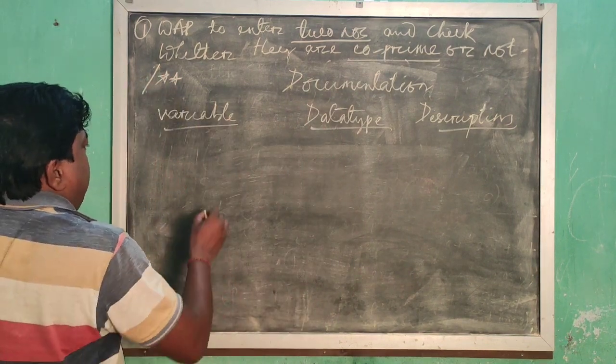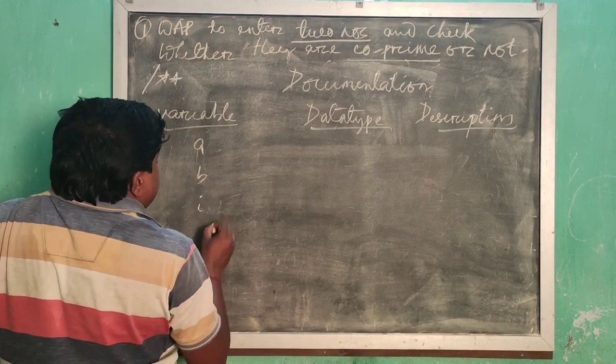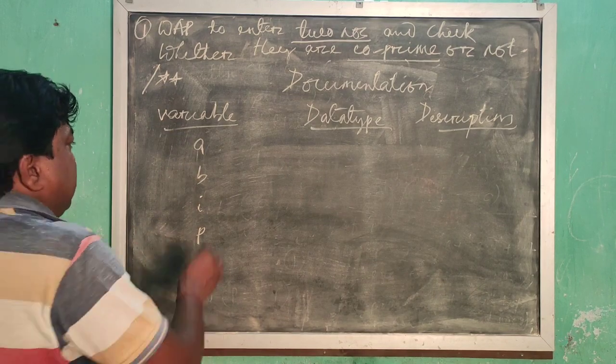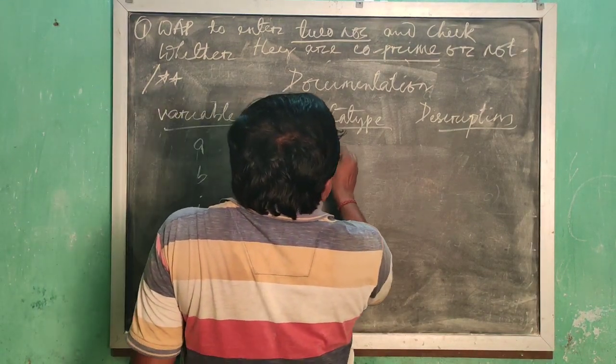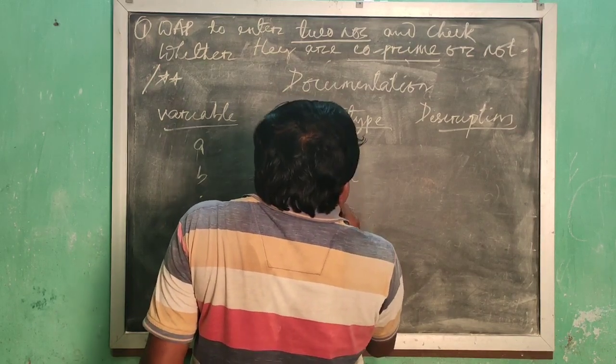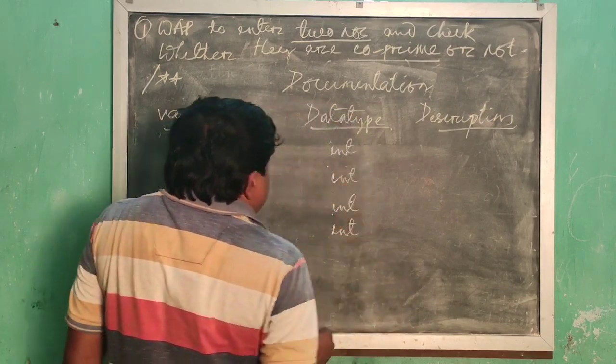We have taken the variables a, b, i and p. Okay, like this you write the data type of a is int, b int, i int, p int.